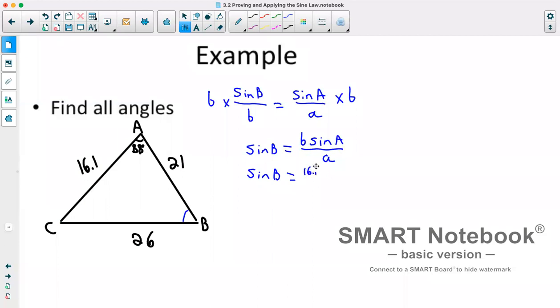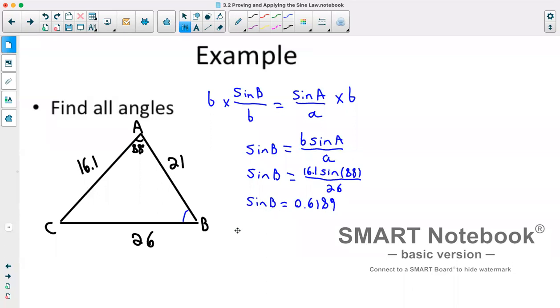So that gives us sine of B is equal to 16.1 sine of 88 divided by side length a, which is 26. So that gives us sine of B is equal to 0.6189.